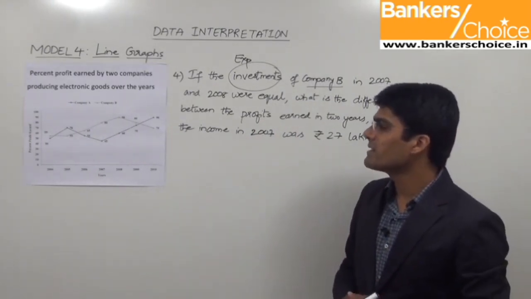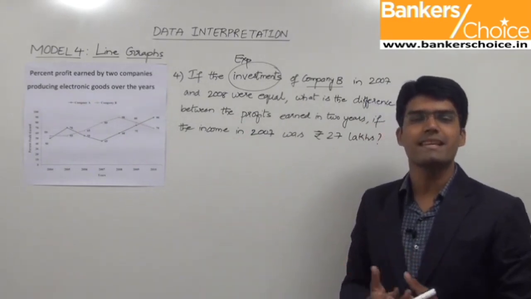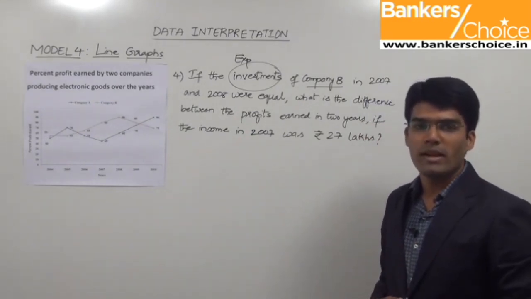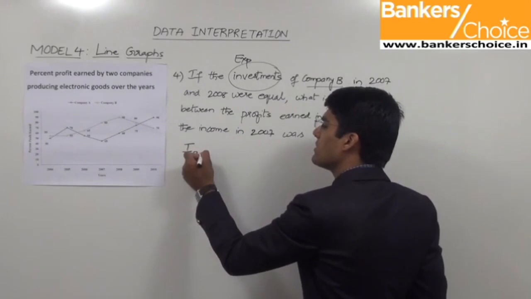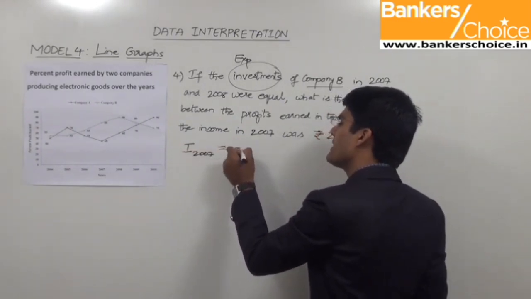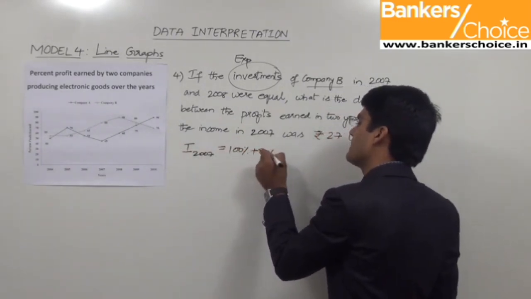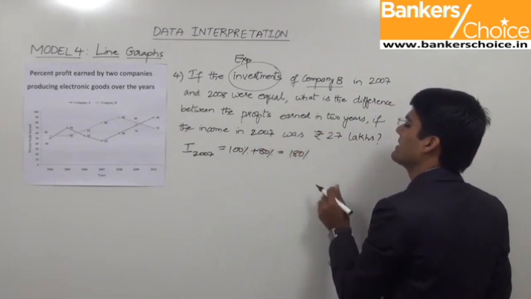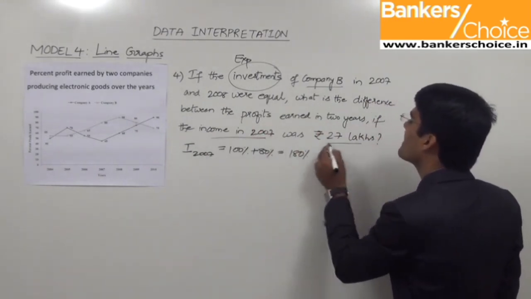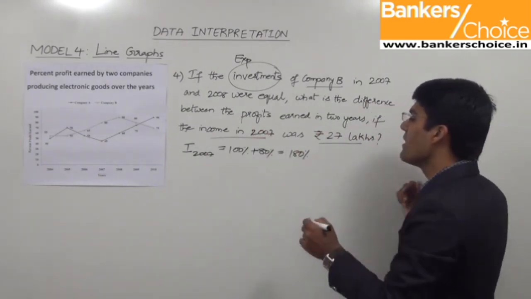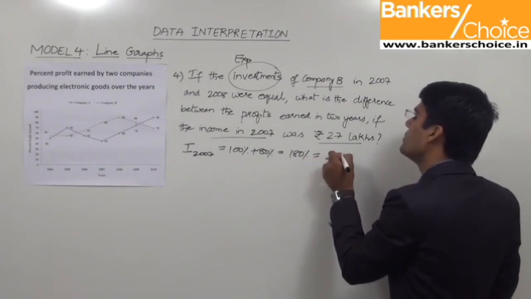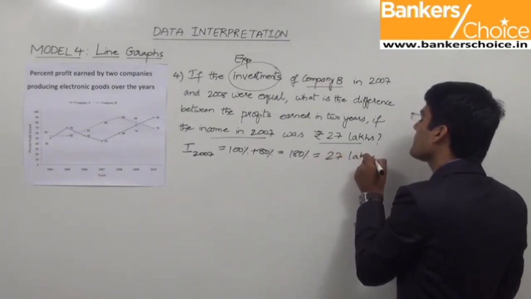So income of 2007 will be equal to 100% plus 80%, that is nothing but 180%. And that income in 2007 is given as 27 lakhs. So we can say 180% is equivalent to 27 lakhs.